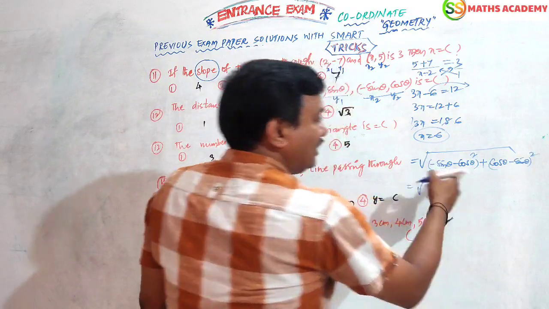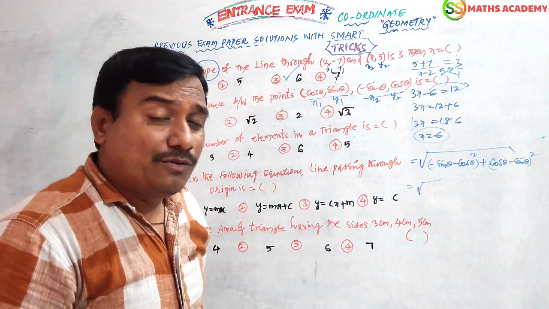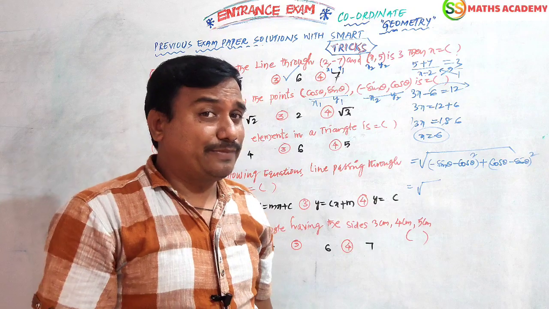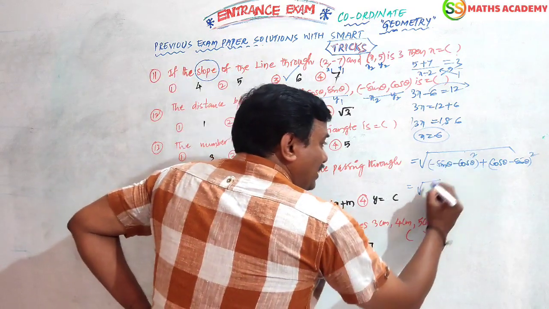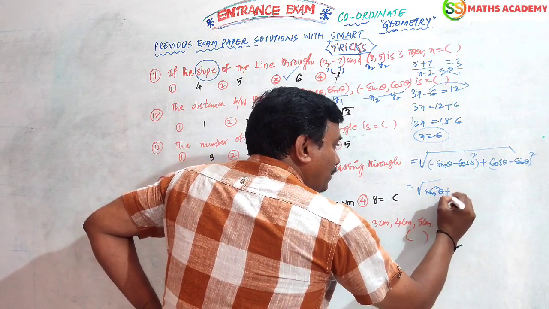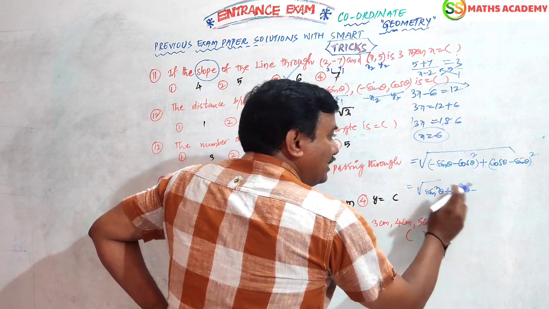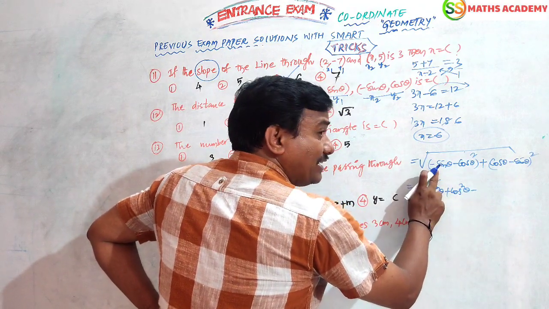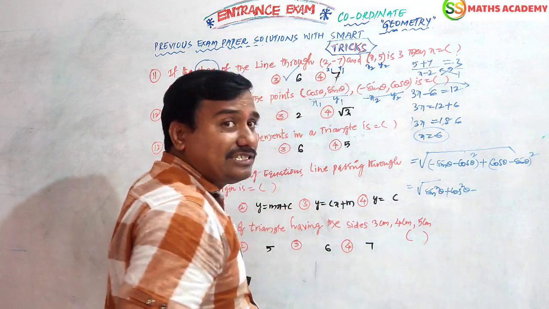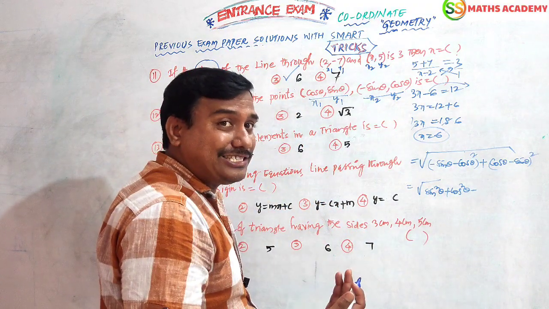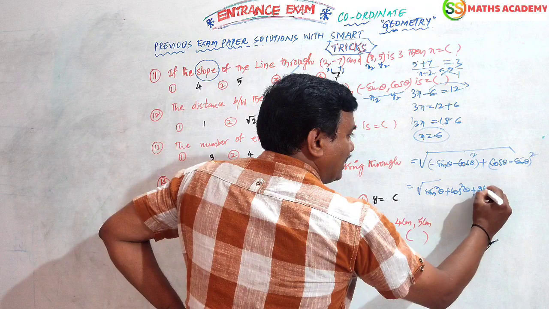Children, it is in the form of (a minus b) whole square. What is the meaning of (a minus b) whole square? a square plus b square minus 2ab, means sin square theta plus cos square theta. Here minus 2ab, a value minus sin theta, b value cos theta, means minus of minus plus 2 sin theta cos theta.